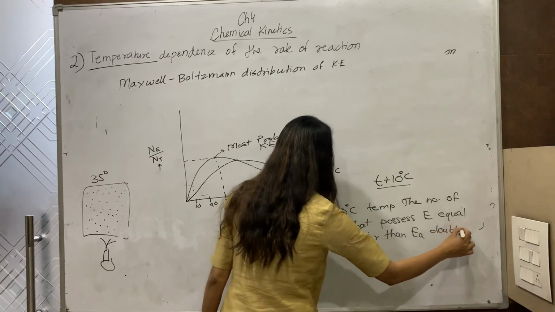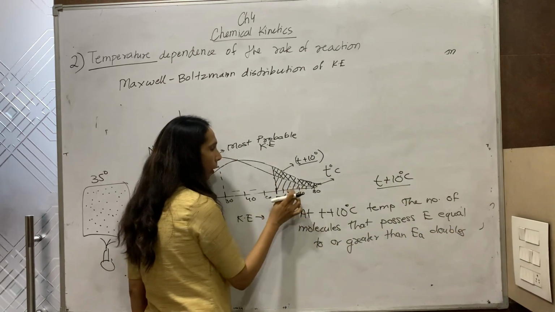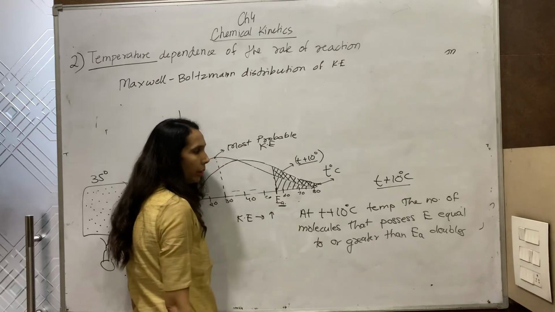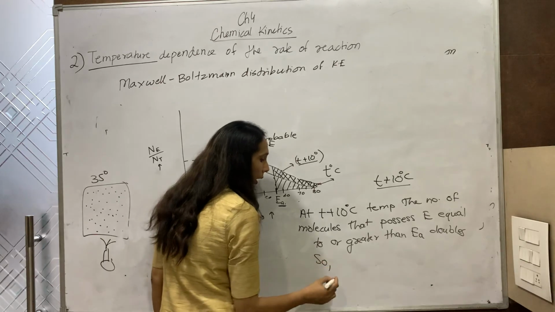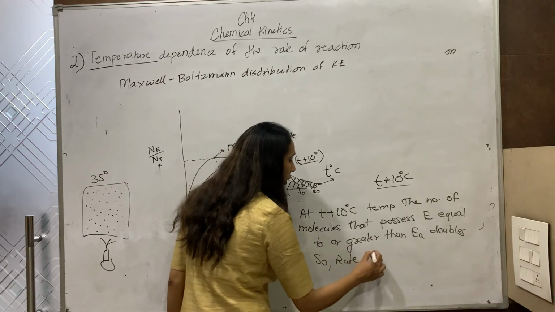So now all these molecules will also be able to form the intermediate. They have doubled, so the rate of reaction will also double.